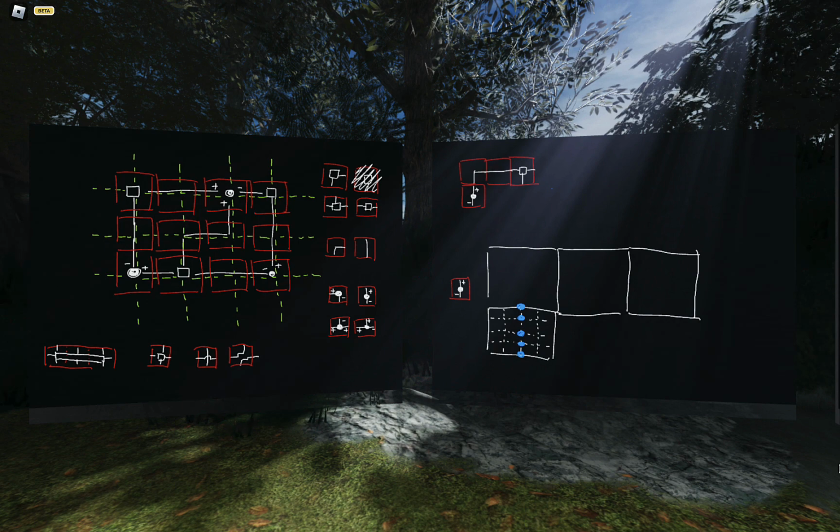I am going to need these guidelines, so I'll quickly put those in. I'm just drawing the bits that it turns out I'm going to need. I think I'll need all of these.